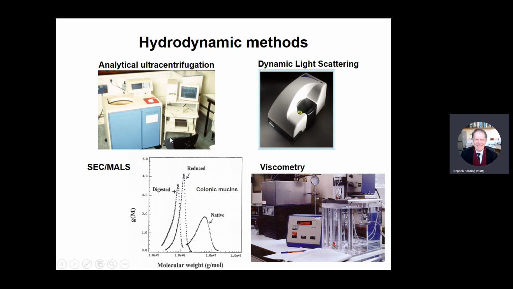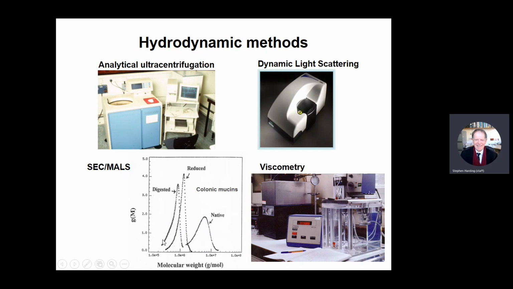So these thiol, that means these disulfide bond breaking agents, if you treat mucins with these, you get a reduction in molecular weights. Then if you digest the molecule, which breaks the peptide bonds in exposed regions of the molecule which are not covered by sugar, using, I think it's pepsin or trypsin, you get a further reduction in the molecular weight.